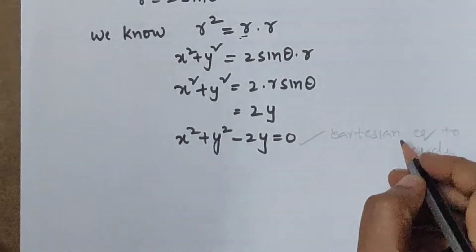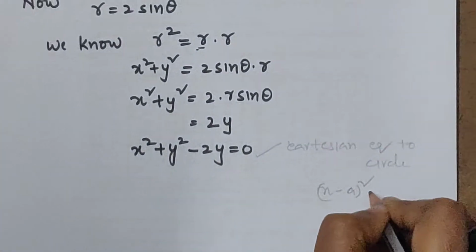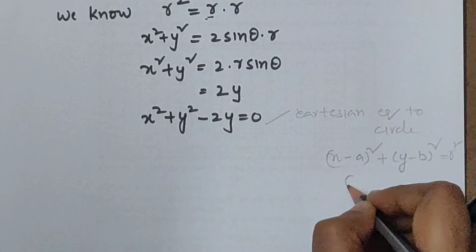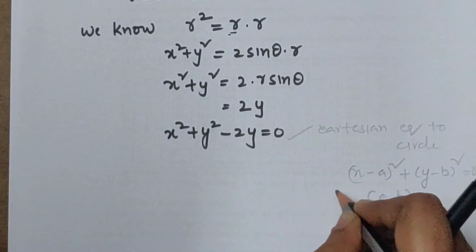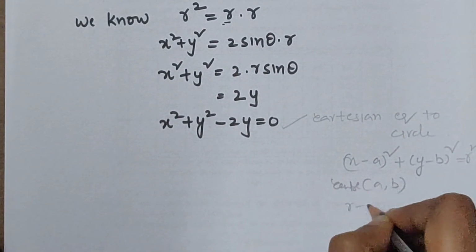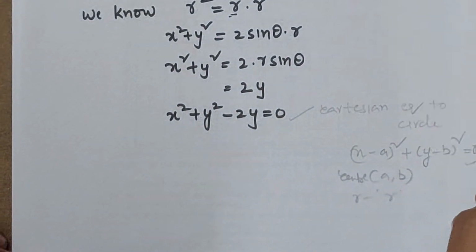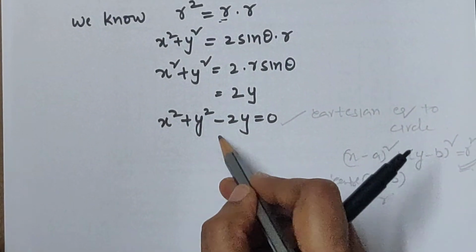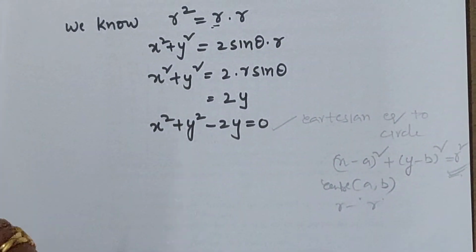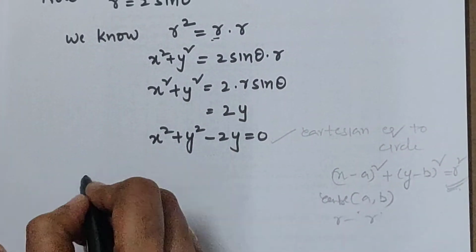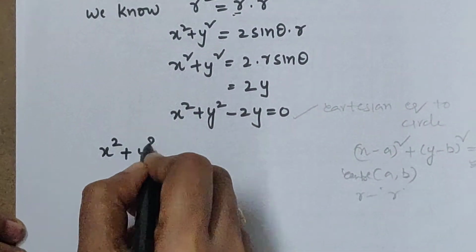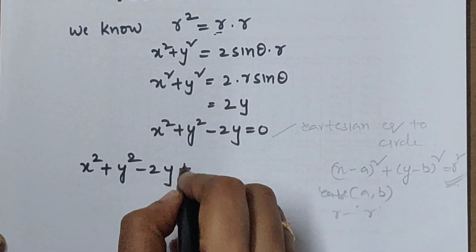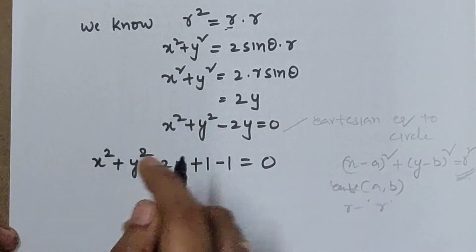But if the circle equation is x minus a whole square plus y minus b whole square equal to r square, we say that the circle's center is a comma b and radius r units, if the Cartesian circle equation is in this standard form. So convert this Cartesian equation again into the standard form. For x square plus y square minus 2y, we observe minus 2y, so add plus 1 minus 1.